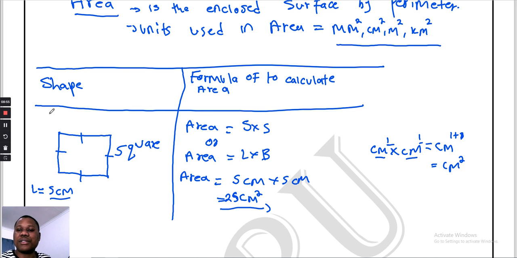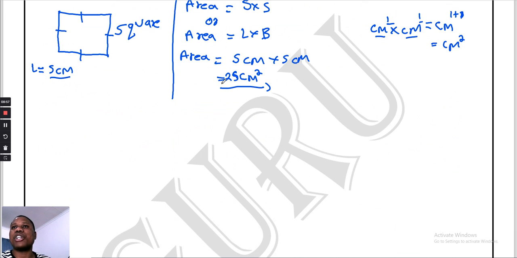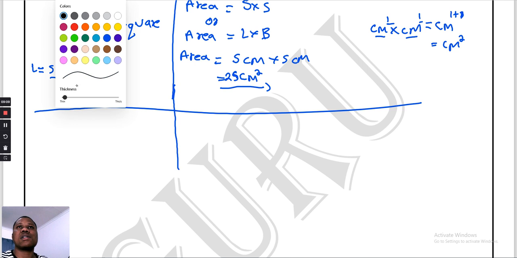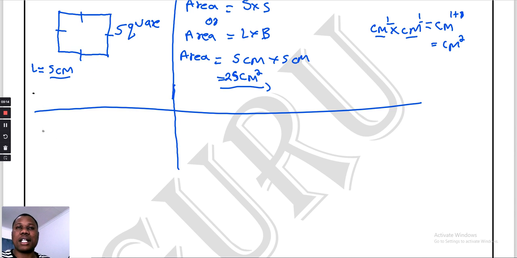When we move to the next one, we're going to do a different shape. Another shape like this.